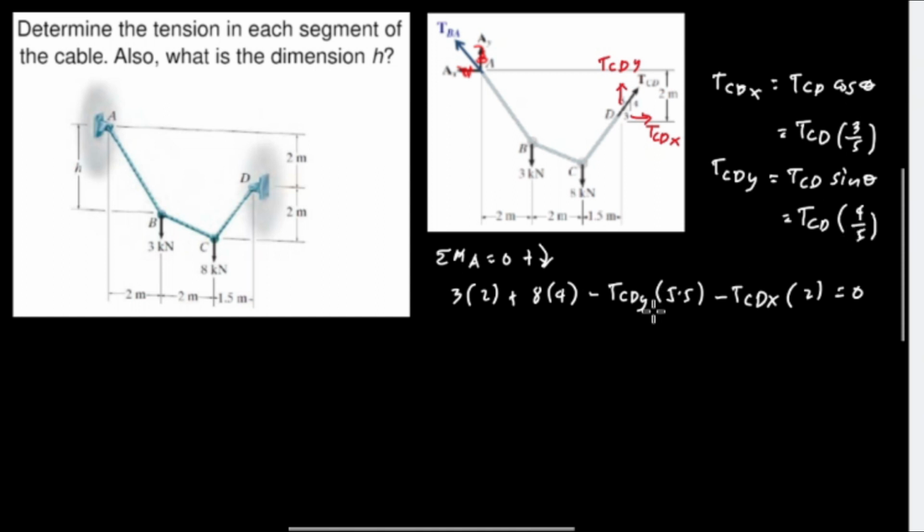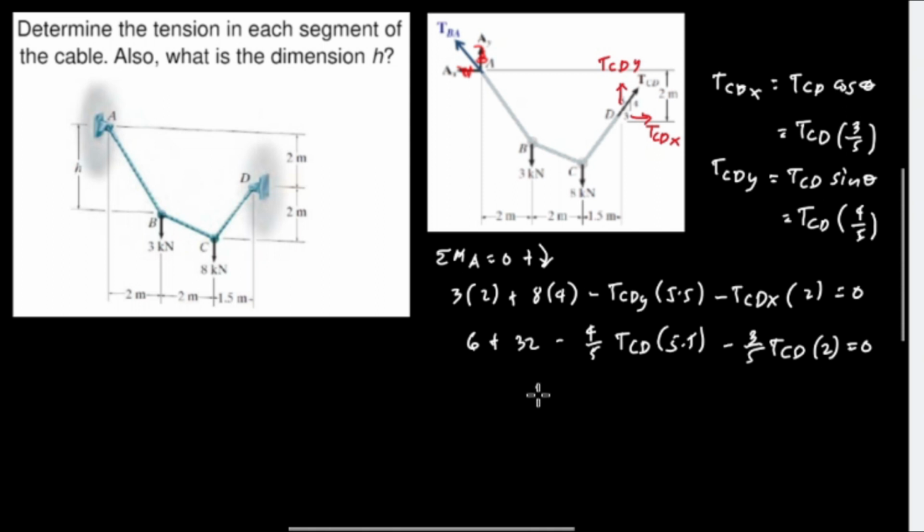And we substitute the values of TCDX and TCDY. So this is 6 plus 32 minus TCDY, that's 4 over 5 TCD times 5.5, minus TCDX, that's 3 over 5 TCD times 2, and equate that to 0.